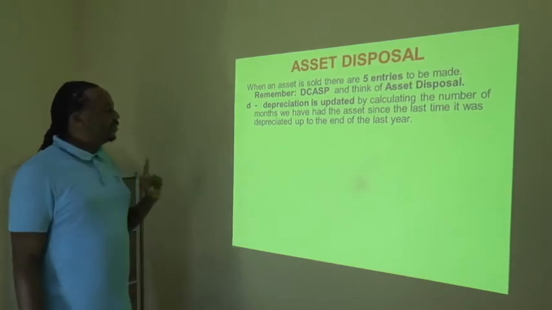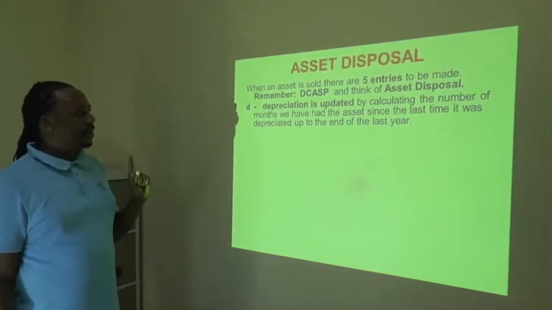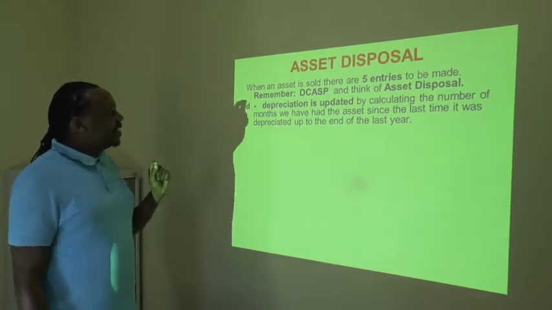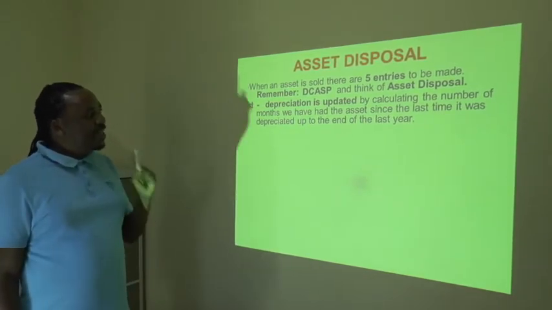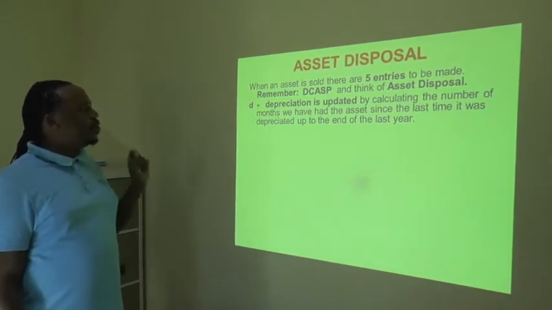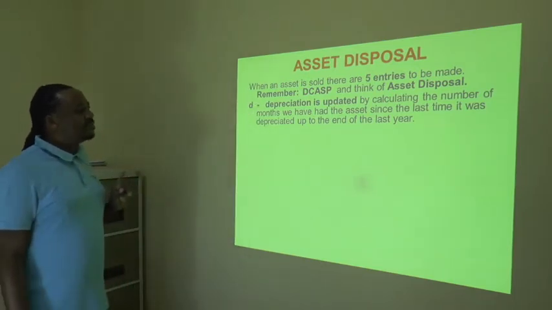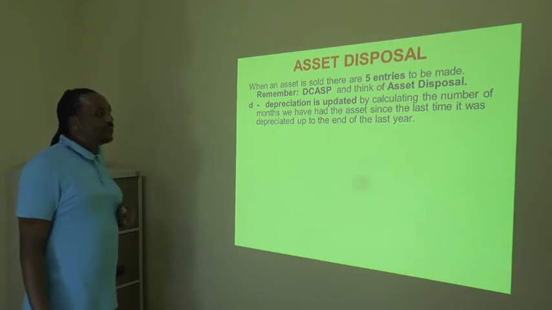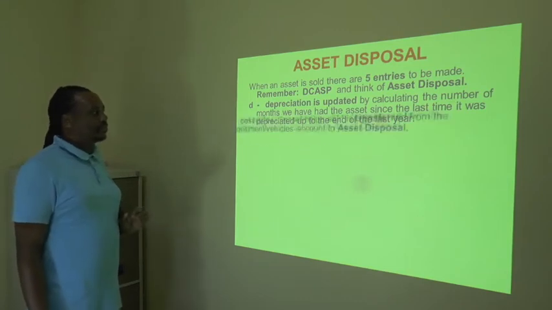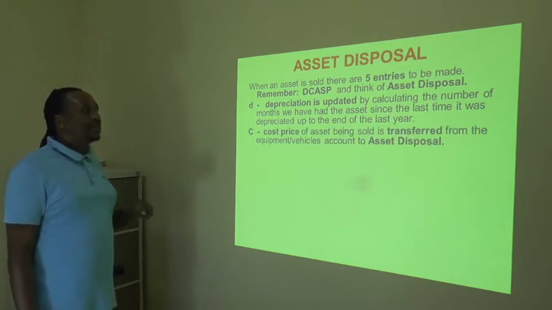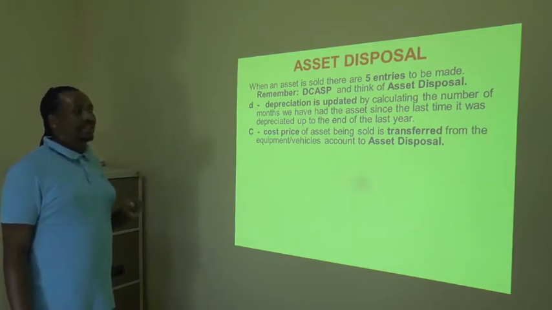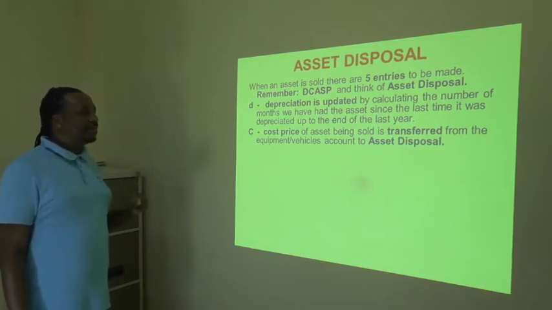D stands for depreciation, which is updated by calculating the number of months we have had the asset since the last time it was depreciated up to the end of the year. The cost price of the asset being sold is transferred from the equipment or vehicle account to the asset disposal.